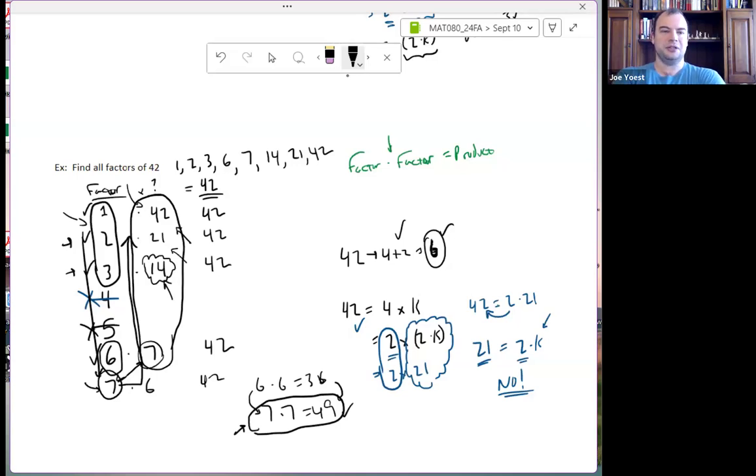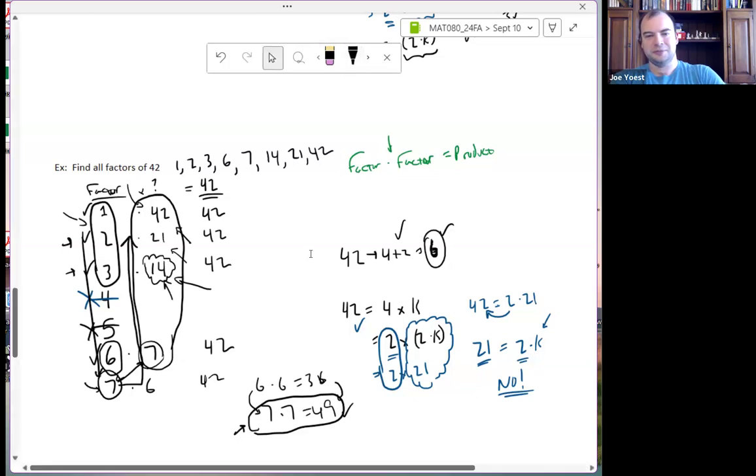How do I find these factors if the number is bigger and I can't just kind of guess and check? Well, I just do long division. If I know that 3 is a factor of 42, I know that 42 divided by 3 should give me my other factor by that relationship between multiplication and division.